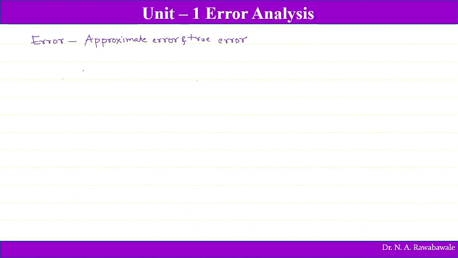These errors include truncation error, which results when approximations are used to represent exact mathematical procedures, and round-off errors, which result when approximate numbers are used to represent exact numbers.